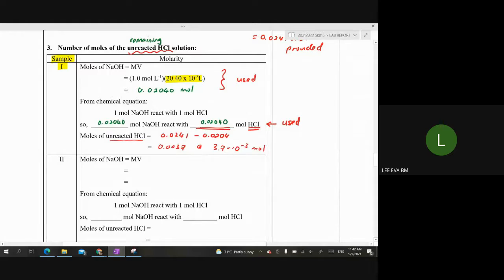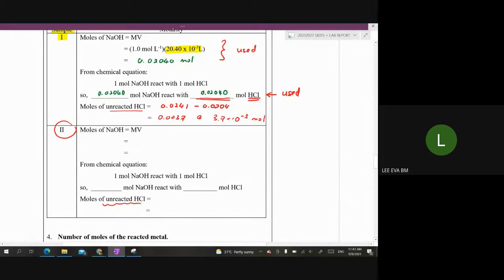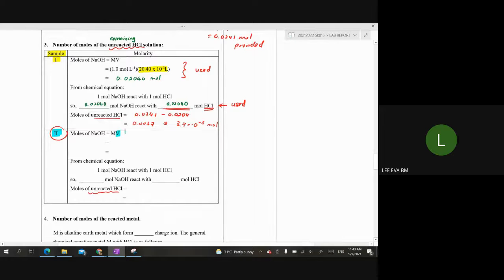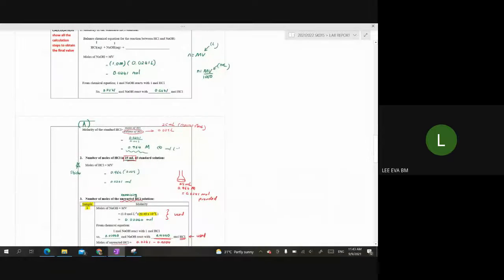Okay, so boleh tak awak cuba untuk dapatkan mole of unreacted HCl for this one, for our sample 2. So, madam pakai warna lain. So, madam highlightkan dekat sini. Okay, and then try to match the volume for our sample 2 from our data just now. So, madam highlightkan dalam warna biru. Itu adalah untuk awak punya volume NaOH for your sample 2.